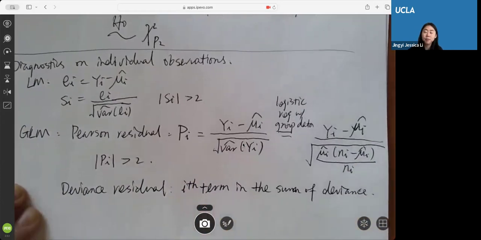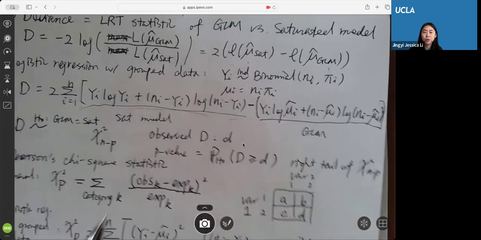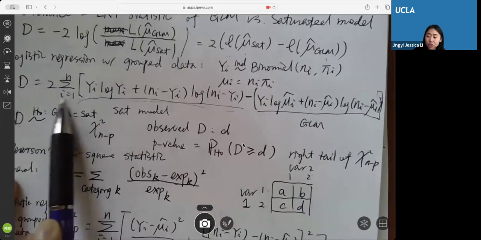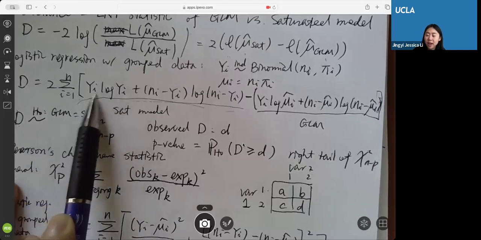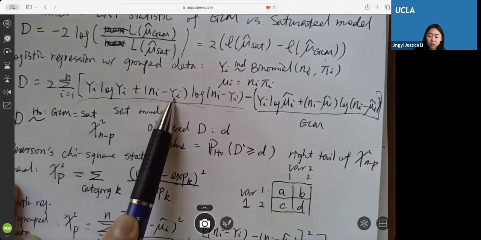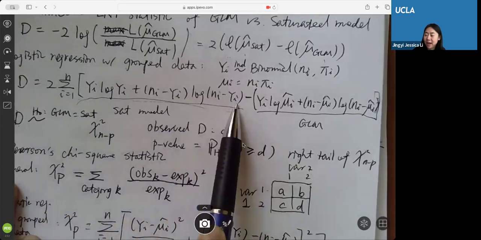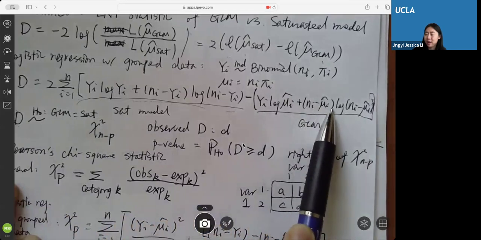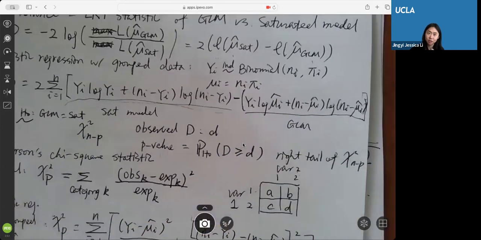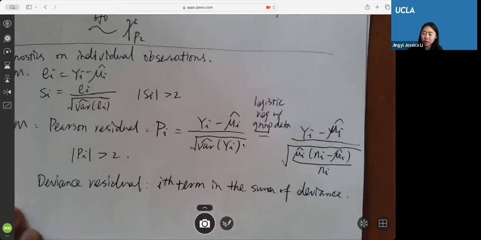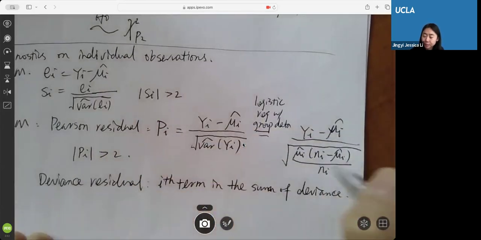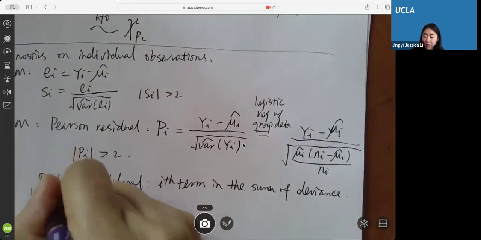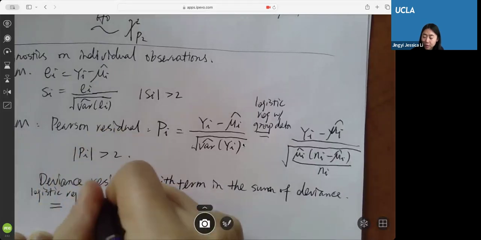In particular, for logistic regression with group data, the ith deviance residual is 2 times yi log yi plus ni minus yi log ni minus yi, minus yi times log mu i hat plus ni minus mu i hat times log ni minus mu i hat. Let me just write it again, for logistic regression with group data.